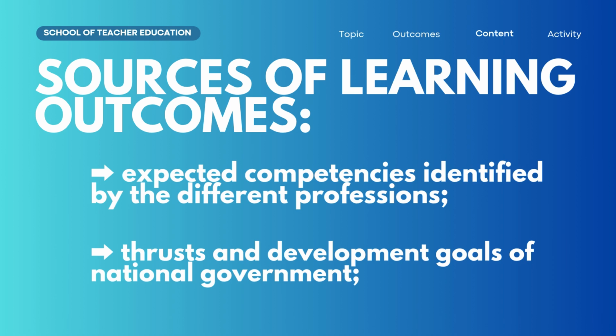An example is that when you craft an OBE type of authentic assessment, it should be crafted from the learning competency provided by the DepEd. In most cases, we consider DepEd as your future direction or your future employer.